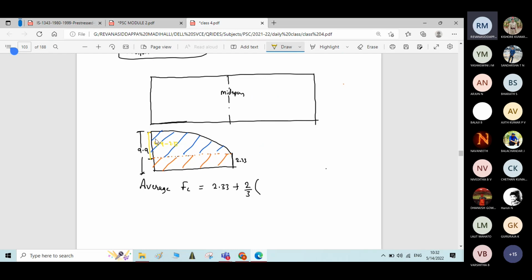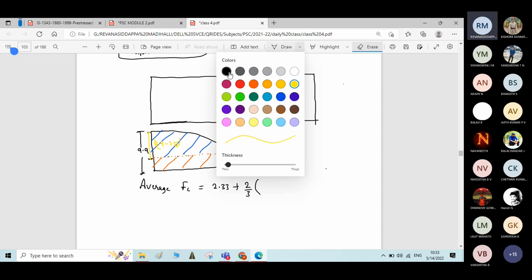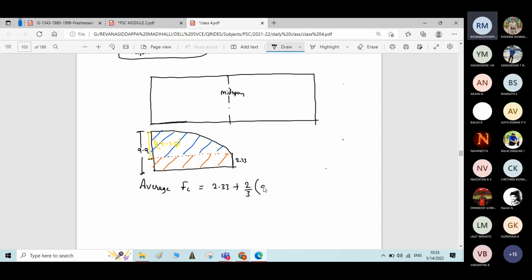So average stress for this hatched portion by blue line is calculated as 2/3 of 9.9 minus 2.33.